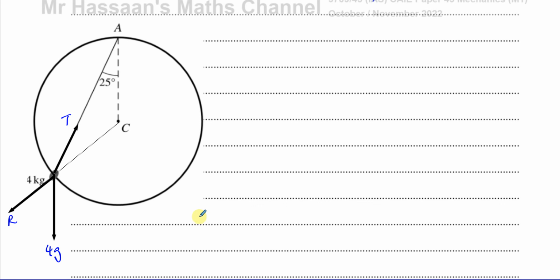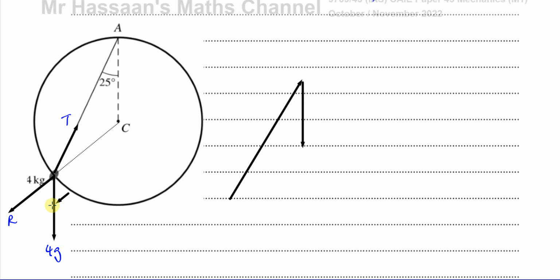All right, so what we can do here is draw what's called a triangle of forces. Okay, and we know that this is going to be in equilibrium. So I'll draw T first. I'm going to draw a line parallel to T, just a bit bigger. And then I'm going to draw 4G newtons going straight down. Now I know that there has to be another line from here where R will be, which is parallel to this line.